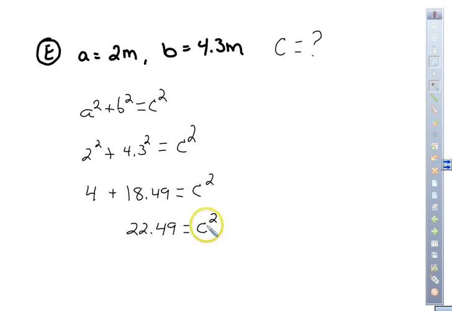Now we need to get rid of that square, so we take the square root of both sides, and the square root of 22 49/100ths equals 4.7, which is the value of c. And again, that is meters, since it is meters listed up here.